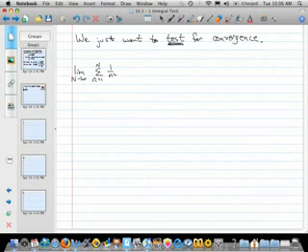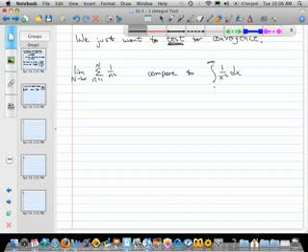And what we're going to do is compare it to the integral from 1 to infinity of 1/x squared dx. Okay, and here's why we can do that. Because the graph of 1/n squared looks like this.